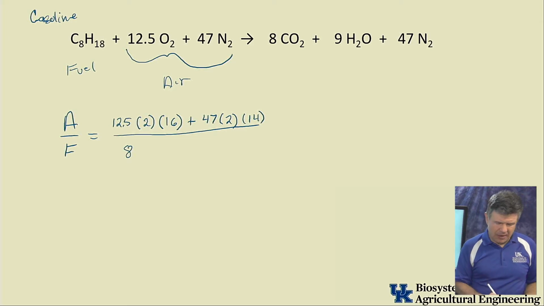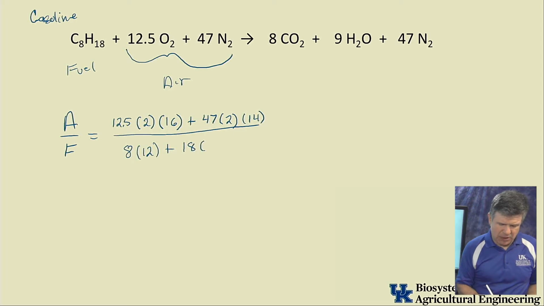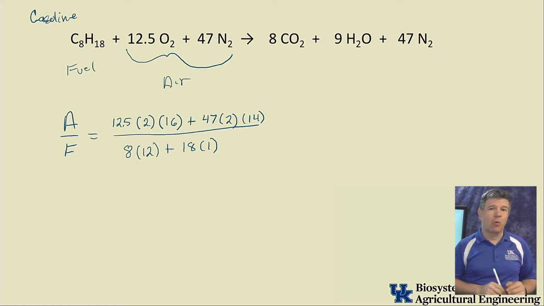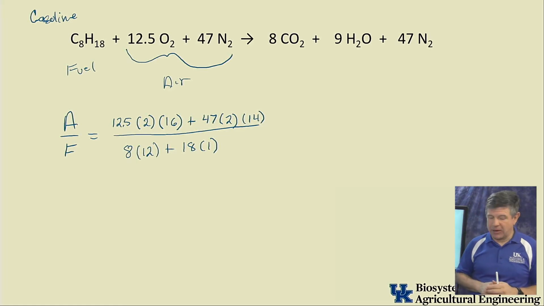So I have 8 of them. The carbon has an atomic weight of 12, so I do 8 times 12. That's my carbon. Plus, I have hydrogen. I have 18 of those. Each one of those hydrogen atoms has an atomic weight of 1, so I'll put 1 down there, even though that doesn't matter.